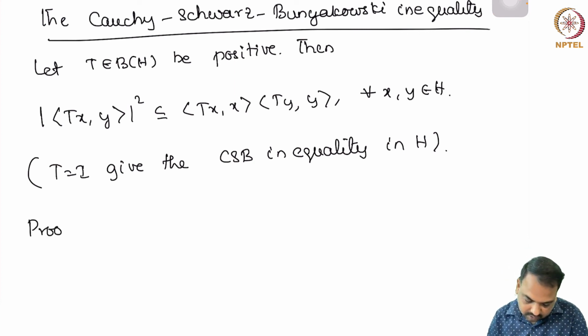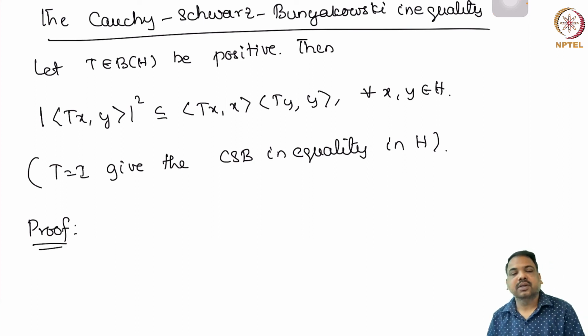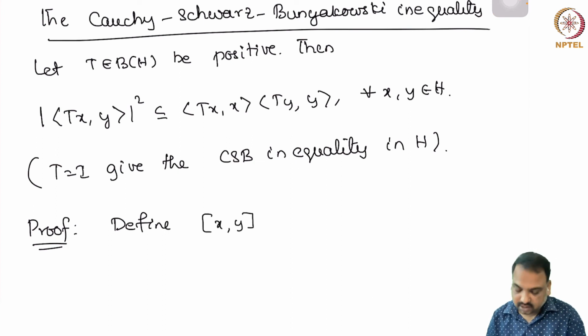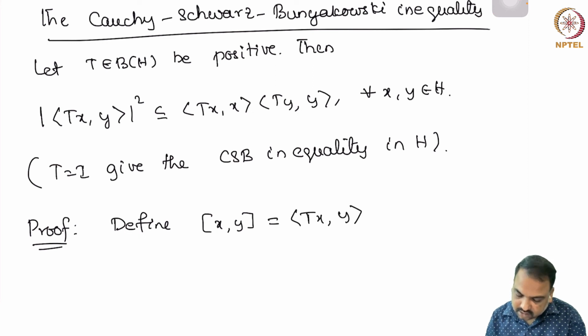Now surprisingly, the proof comes from the usual Cauchy-Schwarz inequality. So let us define a two variable function like this, box(x,y) as inner product Tx with y. Now Tx is an element of H, y is also an element of H, and this is the inner product in H for every x, y in H.